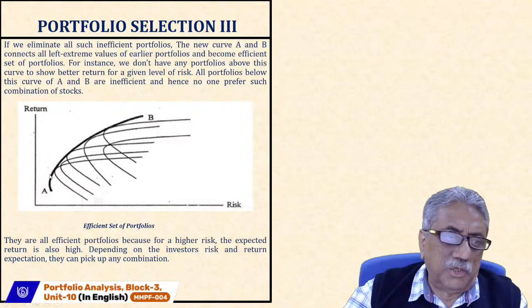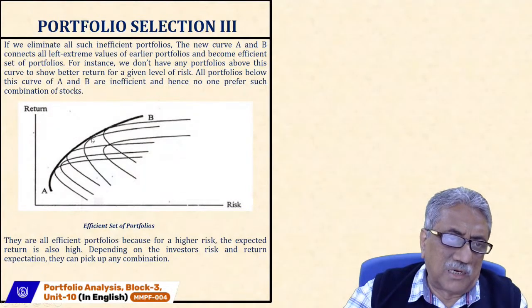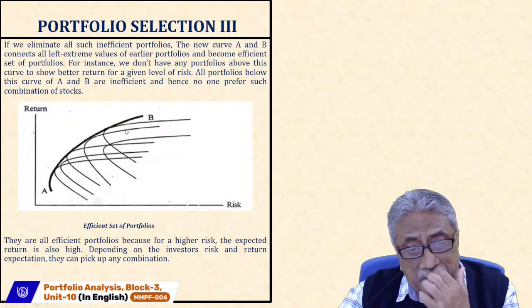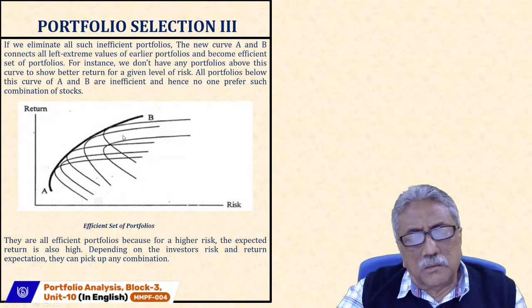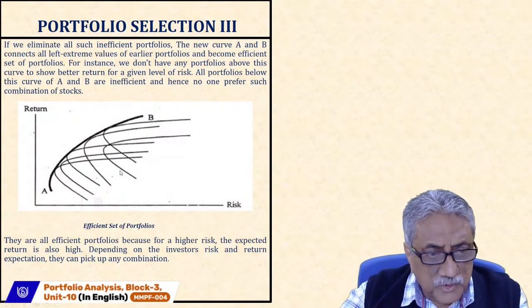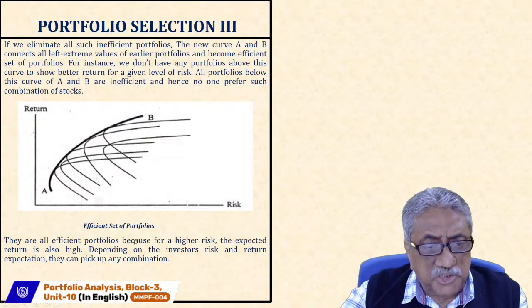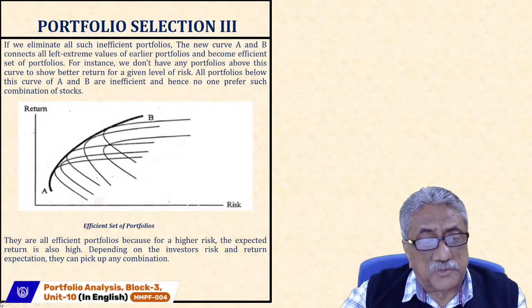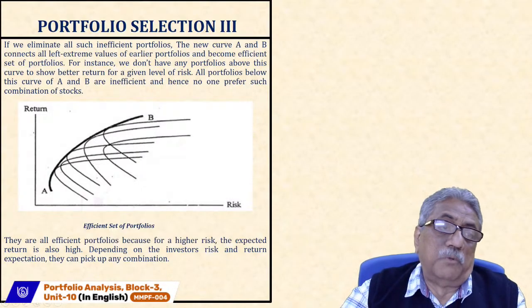Now here you can see that all these are higher risk, but they are also giving higher return. So depending on the investor's risk appetite, they are the right portfolios. So they are also all efficient portfolios because of the higher risk, and the expected return is also high. Depending on the investor's risk and return expectation, they can pick any of the combinations.